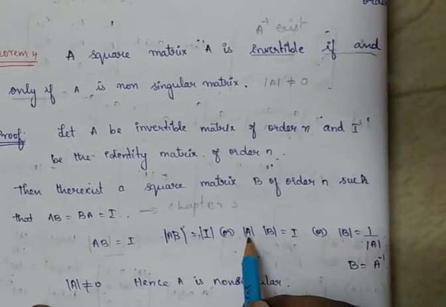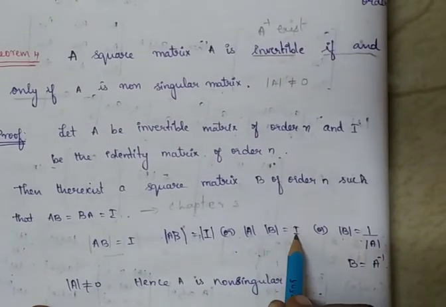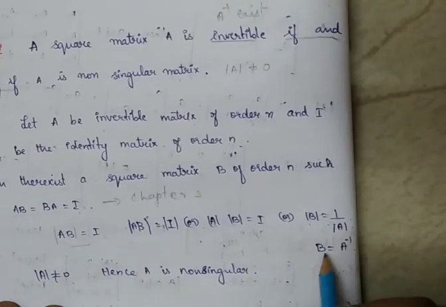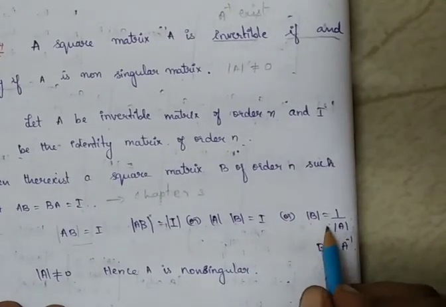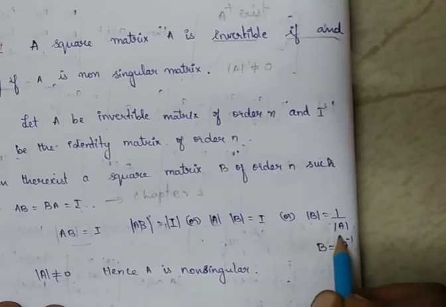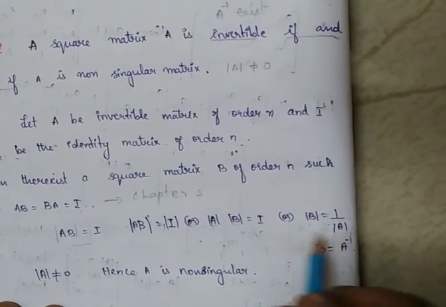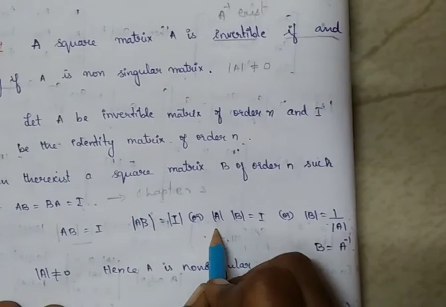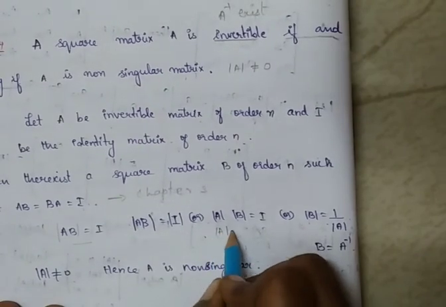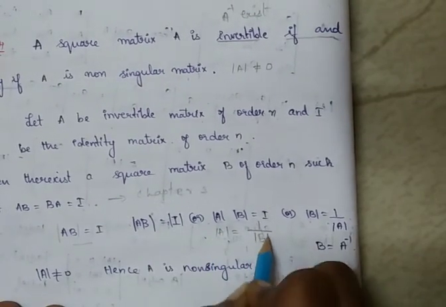Now keep your B this side, take this A to the next side. That is, determinant of B is equal to 1 by determinant of A. Similarly, I can keep A this side and take my B to the next side.